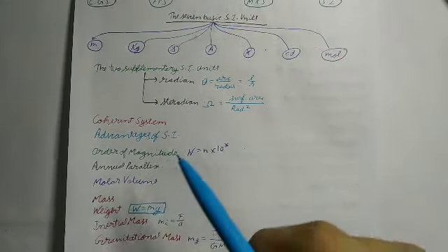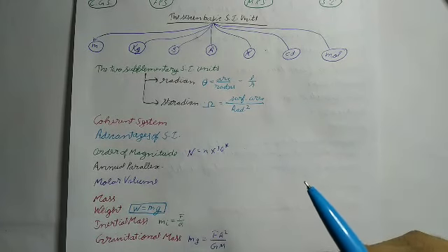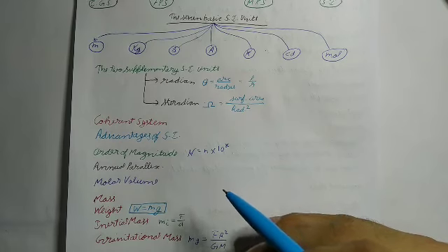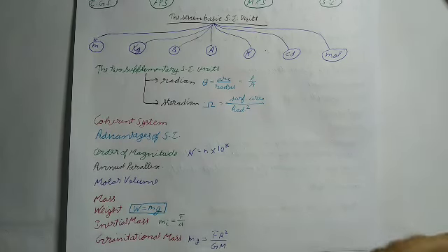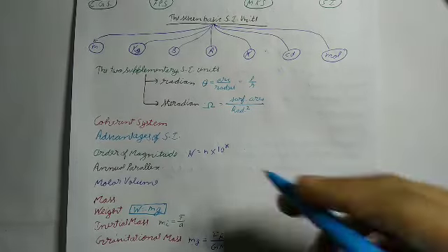Now, order of magnitude. The order of magnitude of a physical quantity is that power of 10 which is closest to its magnitude. To determine the order of magnitude of a number N, we can express it as N is equal to n into 10 to the power x.